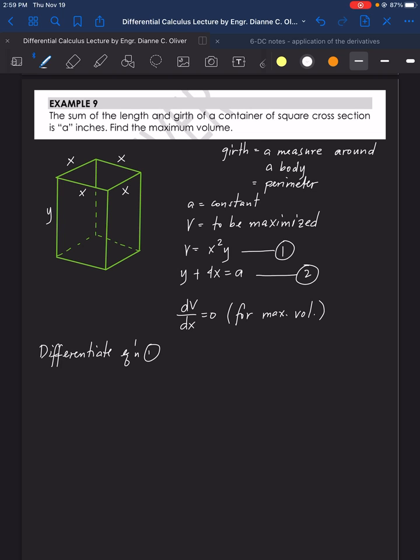So equation 1 is V is equal to x squared y. So the derivative of V is 0 equals x squared, then y is y prime, plus y times 2x. 0 is equal to x squared y prime plus 2yx.